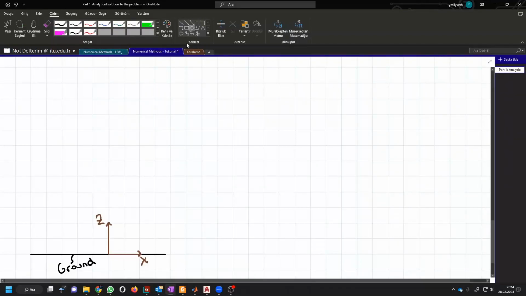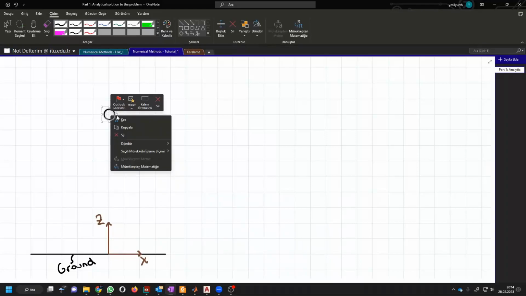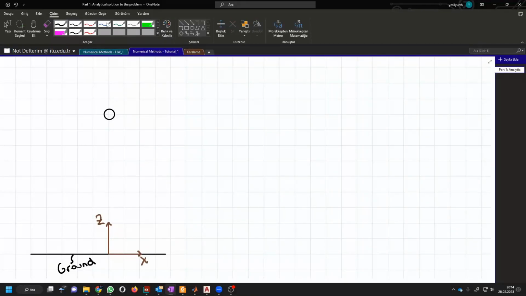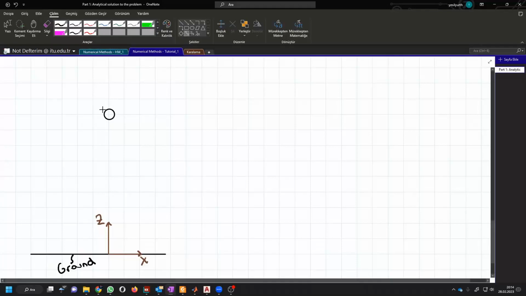My parachutist is modeled as a point mass. Place it here. I will have another frame on this body with small z and small x. This frame may be called the inertial frame, and this is called the earth fixed frame in multi-body dynamics jargon, by the way.